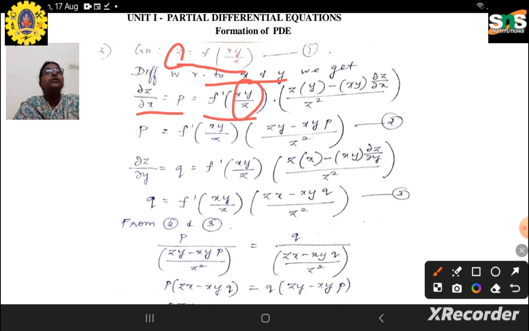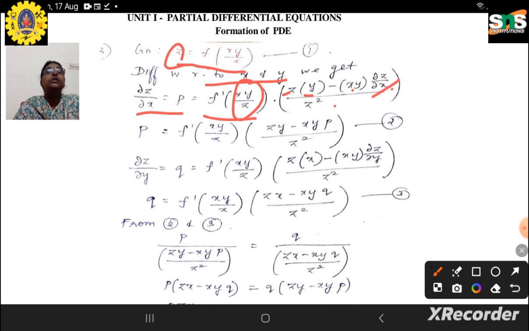So we apply the u by v formula, that is z squared in the denominator. Write z into differentiating the numerator with respect to x, which is y, minus the numerator into differentiating the denominator.